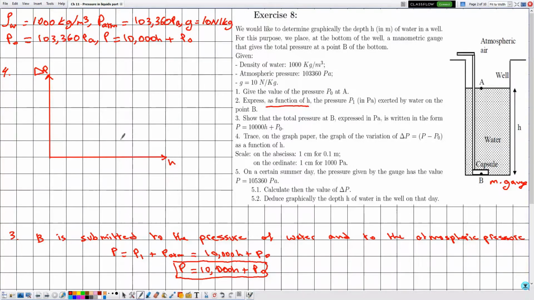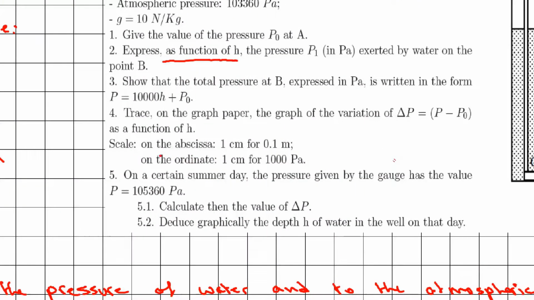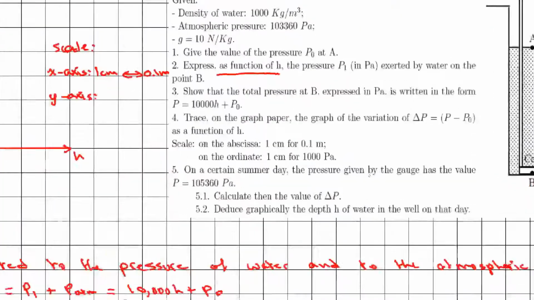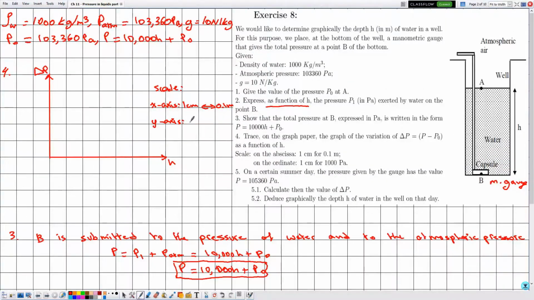Moreover, this can be verified using the scale. So let me write the scale here. The abscissa represents the x-axis. Each 1 centimeter corresponds to 0.1 meters, and for the y-axis, which is said to be the ordinate, each 1 centimeter corresponds to 1000 Pascal.